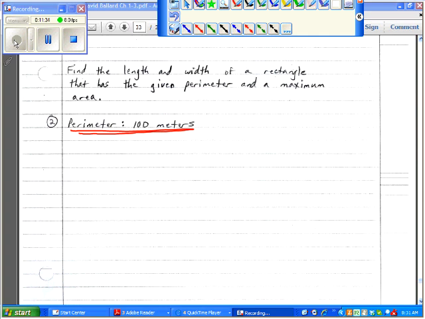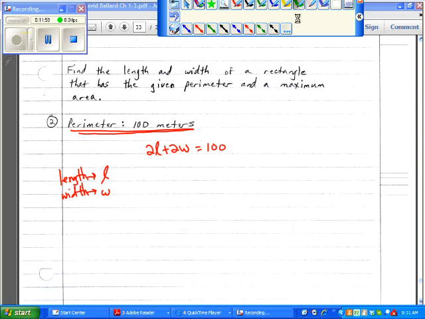Now, we're talking about length and width, so we'll just call length L, and we'll call width W. And what's the formula for perimeter of a rectangle? 2L plus 2W, so we have 2L plus 2W is 100. And we're trying to maximize or minimize what?